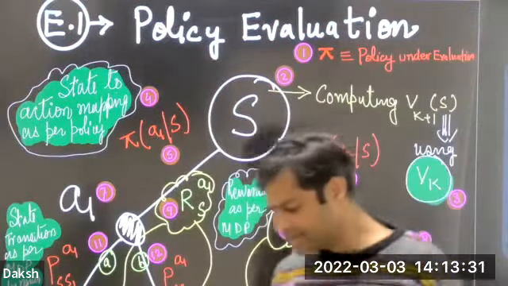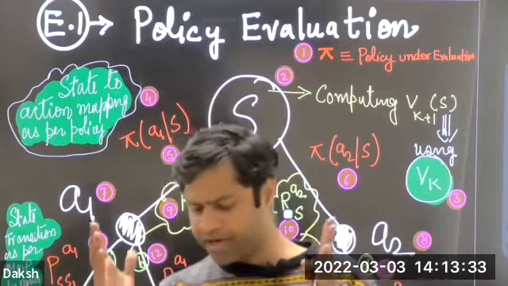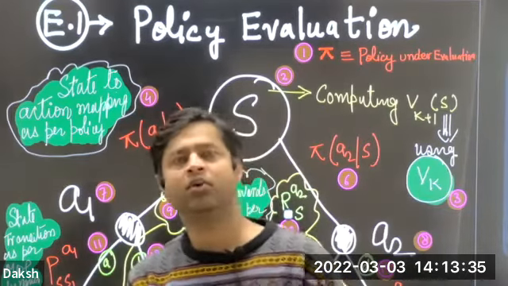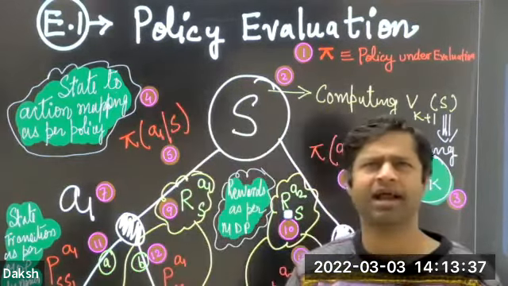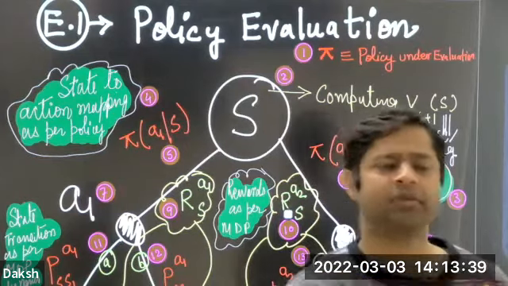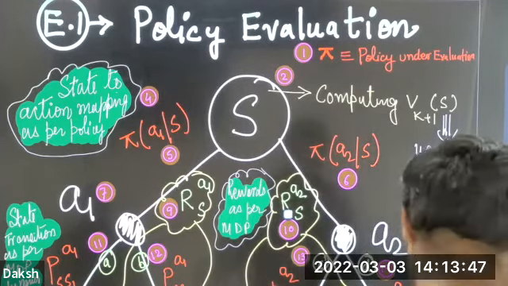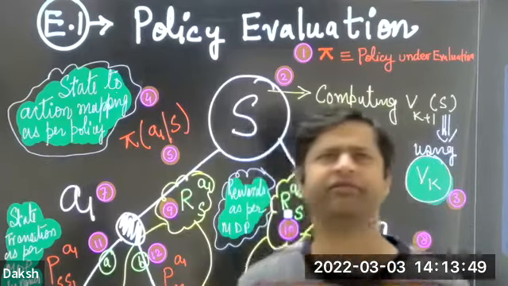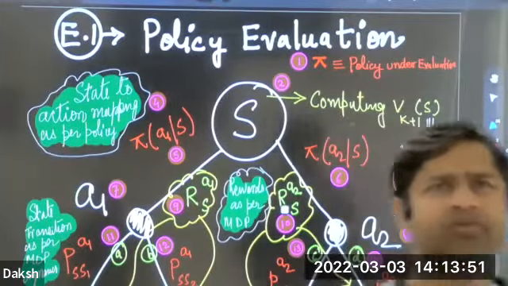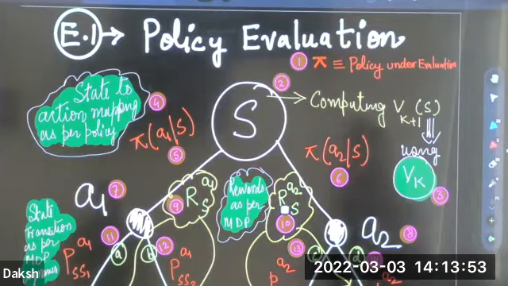Now, in the last lecture, what we have seen is that we are going to have a policy. Once you know a policy, you require a way by which you can somehow evaluate that policy. Can you evaluate it properly? So how can we evaluate?